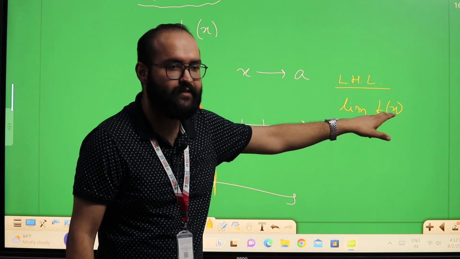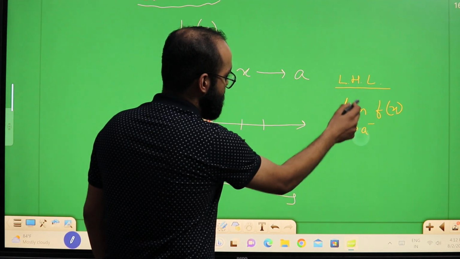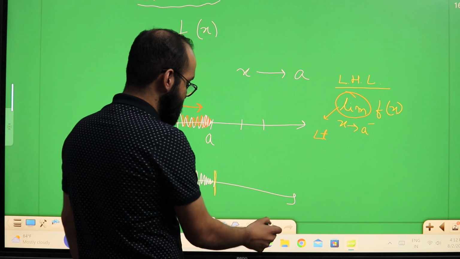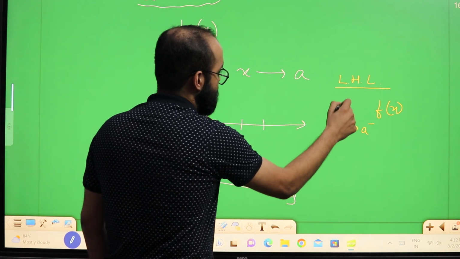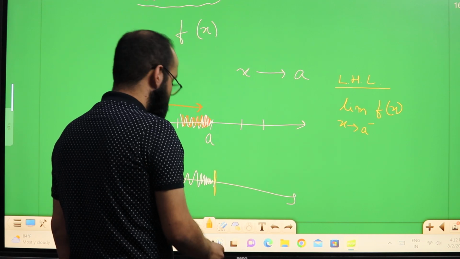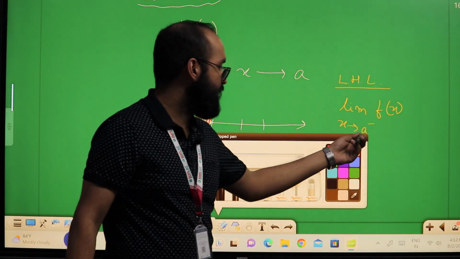Limit x tends to a minus f(x). This limit, we can write it LIM or we can also write it as capital LT. Same thing. Any one you can prefer. So this is called the left hand limit of f(x) when x goes to a.